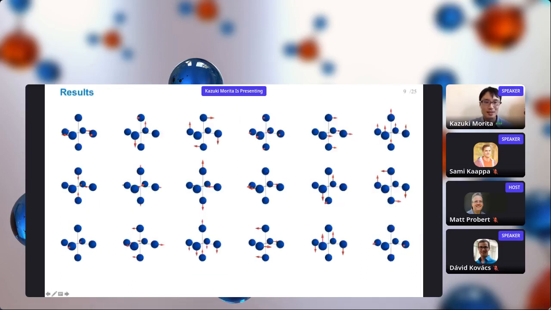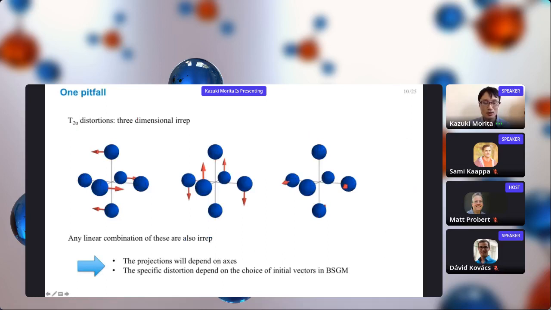These are the 18 different bases that we obtained. You might notice that the first 3 are free rotations, the second 3 are free translations, and then all the other modes. You might have seen some of these. Although this is quite systematic, because we have chosen an arbitrary vector, there's arbitrariness in this method. For example, in T2u distortions, it looks like this.